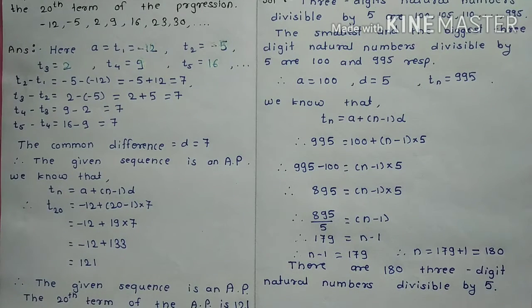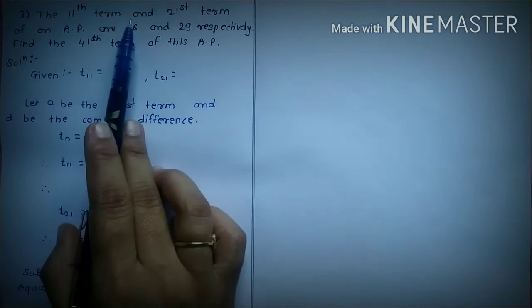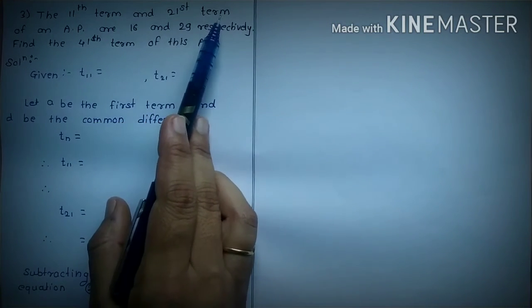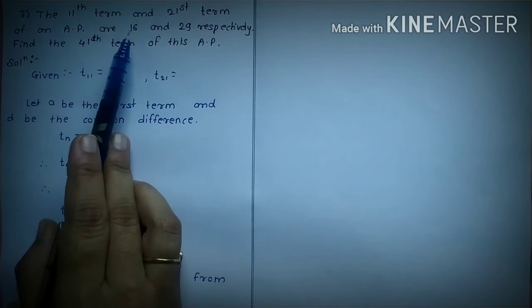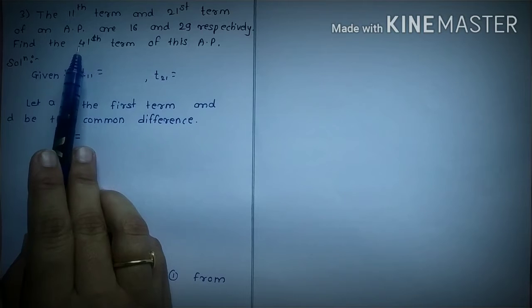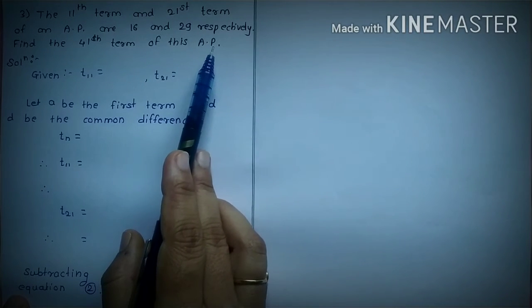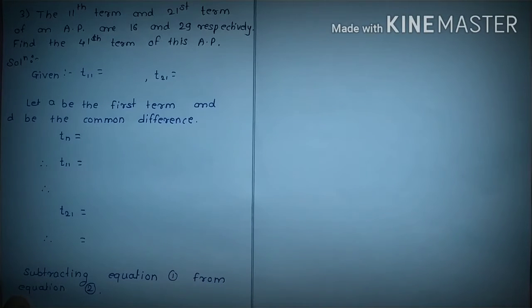Okay. Now see the next example: the 11th term and the 21st term of an AP are 16 and 29 respectively. Find the 41st term of this AP. In this example, the 11th term and 21st term are given and we have to find the 41st term.